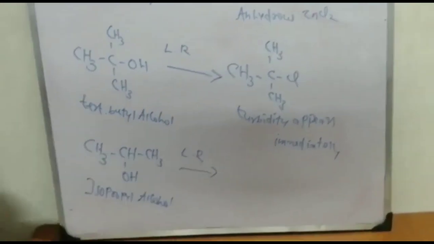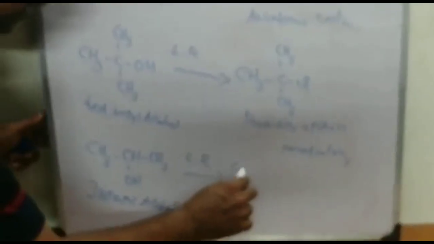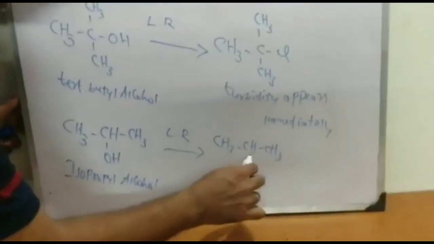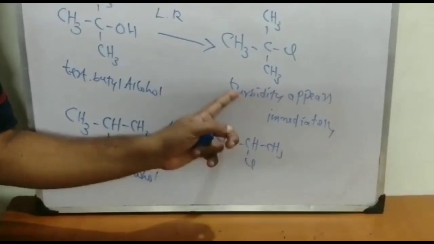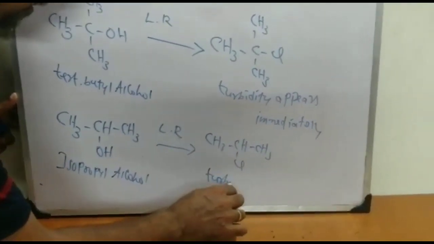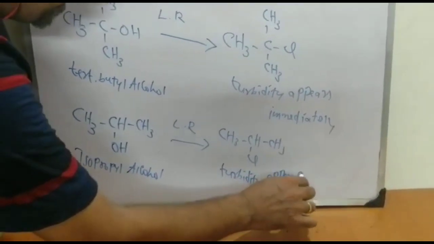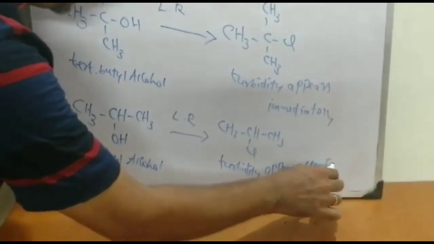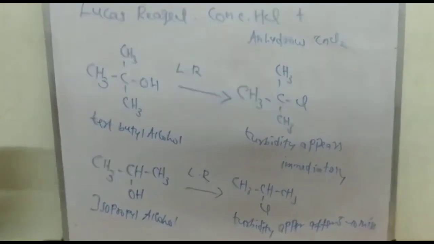So by adding Lucas reagent, here also the OH is replaced by chlorine. So the product formed is CH3, CHCl, CH3. Once chlorine is formed, what does it indicate? Turbidity appearance. Okay. But here turbidity appears after 5 to 10 minutes. Is it clear?